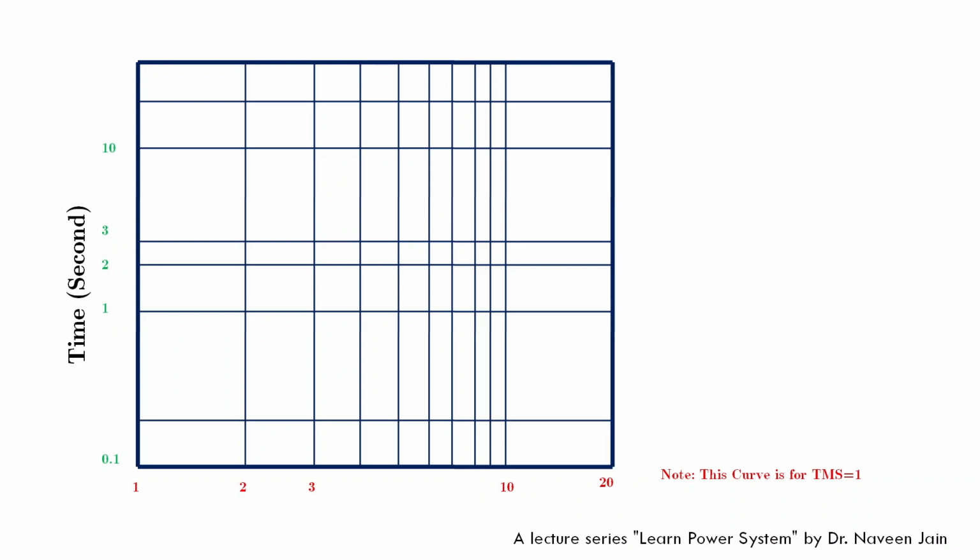The ordinate of this curve is operating time, and the abscissa is the multiple of pickup values of the actuating quantity, so that the same curve can be used for any value of pickup.